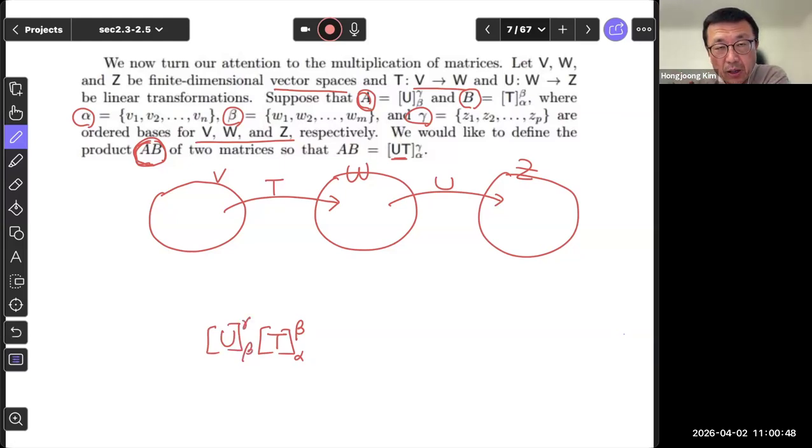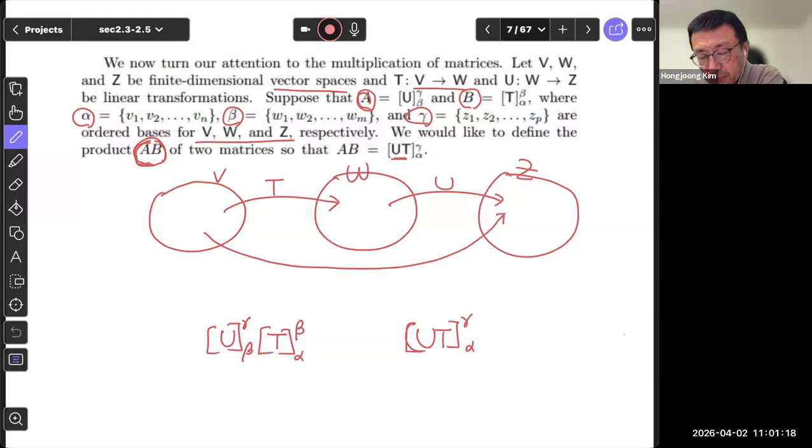Now we want to define the product between these two to define one matrix which represents this composite. Okay. So in other words, given these two mappings, T and U, so that we have two matrices, now I want to find a single matrix representing this composite.